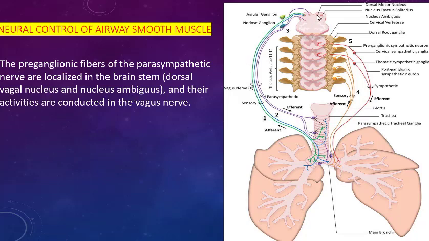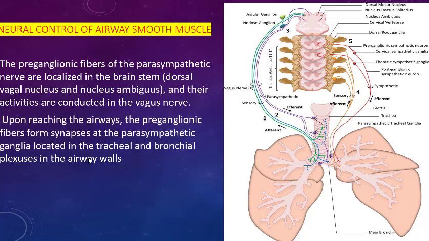This is the dorsal vagal nucleus and this is the nucleus ambiguus, and they both supply the respiratory system. Upon reaching the airway, the preganglionic fibers form synapses at the parasympathetic ganglia located in the trachea and bronchi plexus in the airway.